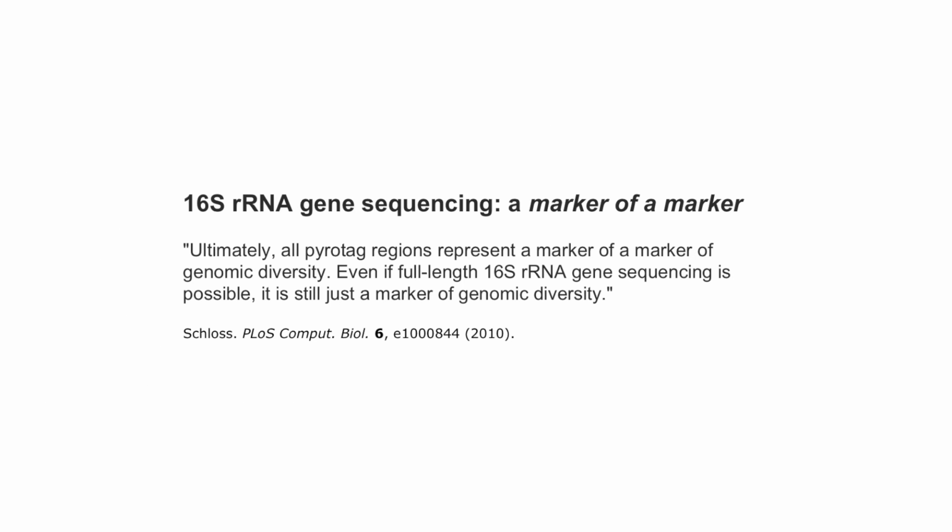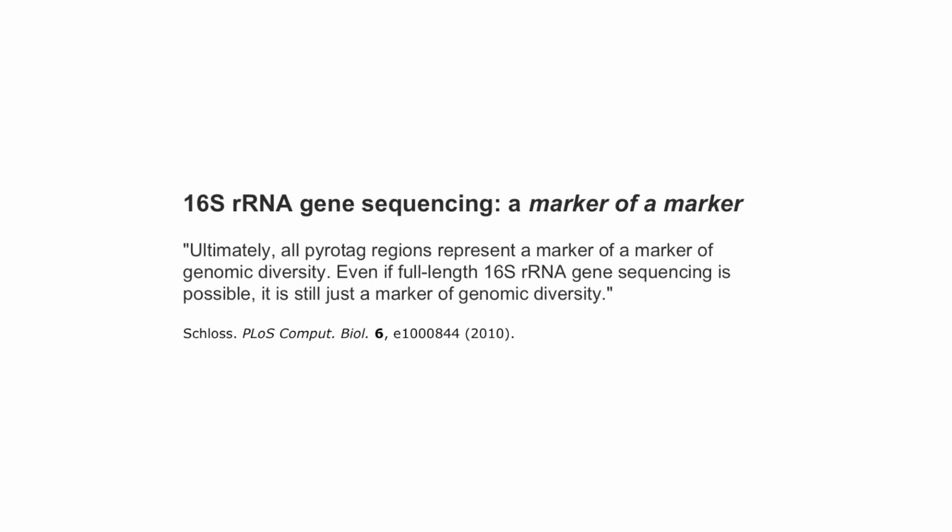All right, and Pat Schloss had this great quote in one of his papers from 2010. When we do 16S sequencing, we're sequencing a short segment of the gene, and so we're sequencing a marker of a gene, which is itself a marker of the genomic diversity of the community.